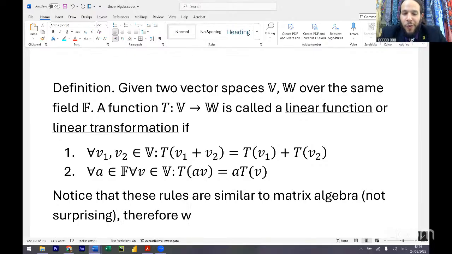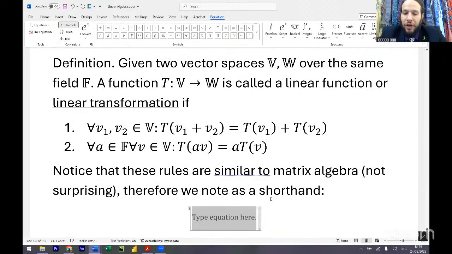Therefore, we note as a shorthand, instead of T of V, we write it as multiplication. We write TV. It's a bit confusing because you would never write a function this way, right? You never write yx instead of y of x. But in linear functions, we do. We write TV for short.